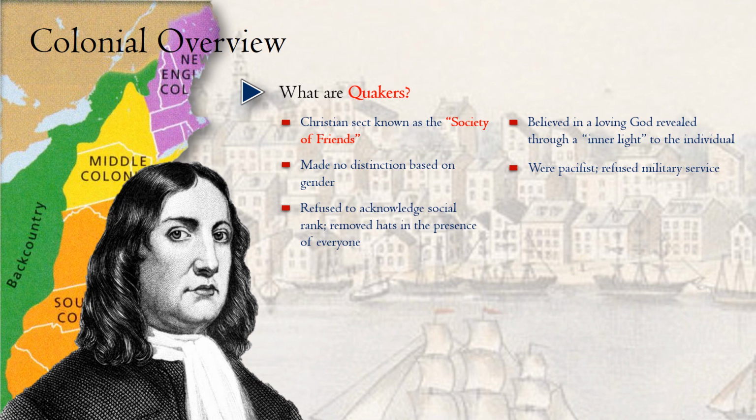Also, Quakers refuse to acknowledge social rank. They remove their hats in the presence of anyone, whether you're a king or whether you're a pauper. Everybody is one in Christ Jesus, so they say. And another interesting characteristic of Quakers is that they are abolitionists. They abhor slavery and were the first organized abolitionists in the American colonies.